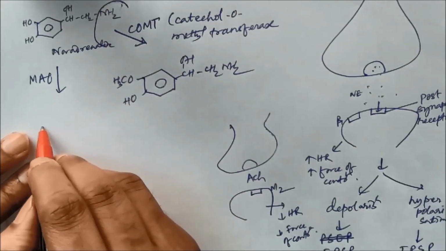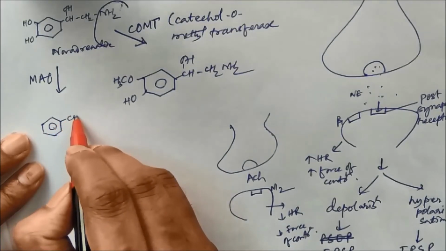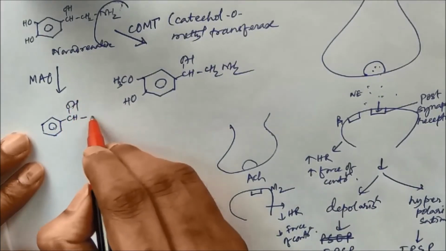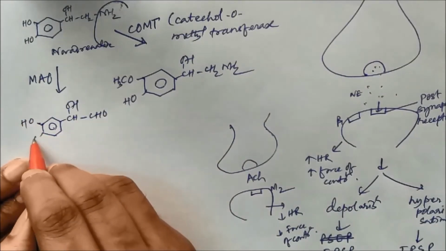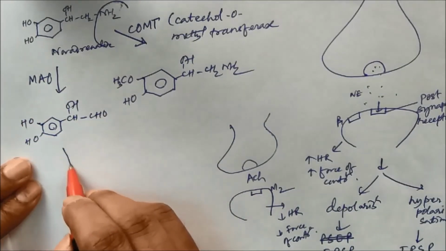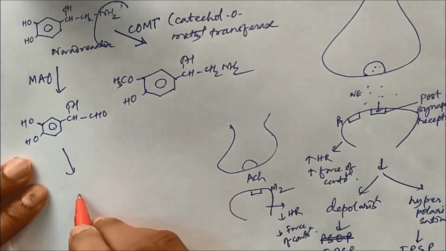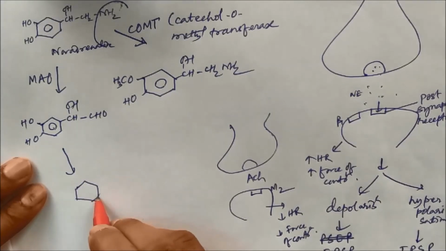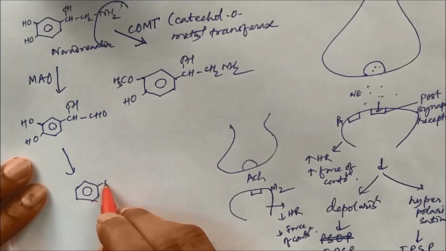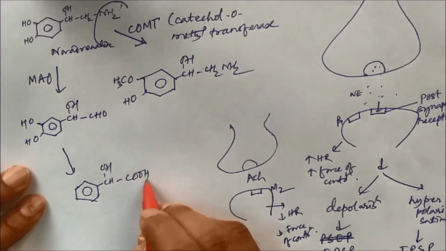So oxidative deamination causes, initially, aldehyde formation, CHO, and the rest will be the same. And then further oxidation will cause acid. So there will be formation of mandelic acid, COOH.